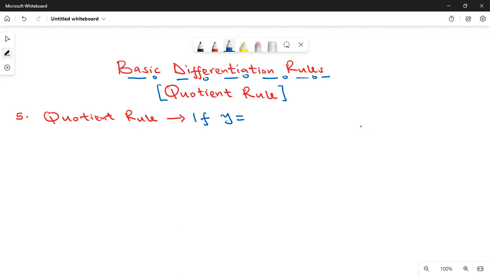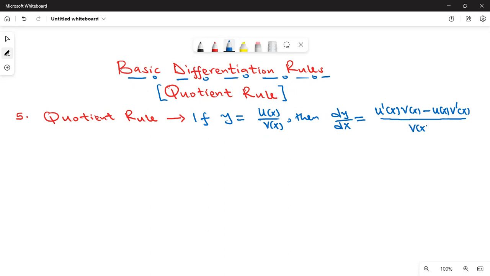y is equal to a quotient u of x divided by v of x, where u and v are functions of x, then dy/dx will be equal to u prime of x times v of x minus u of x times v prime of x, everything divided by v of x, and the whole of this is squared.